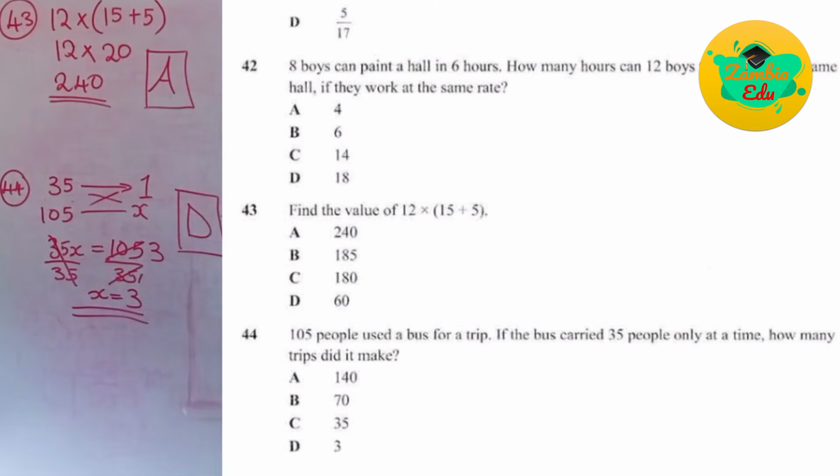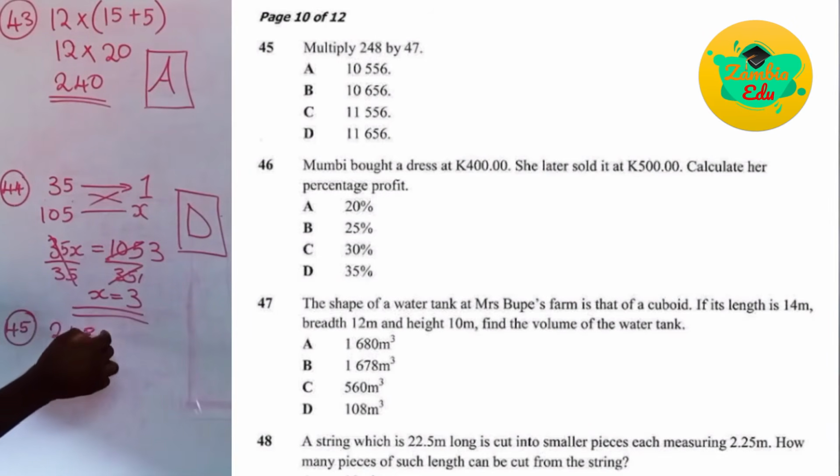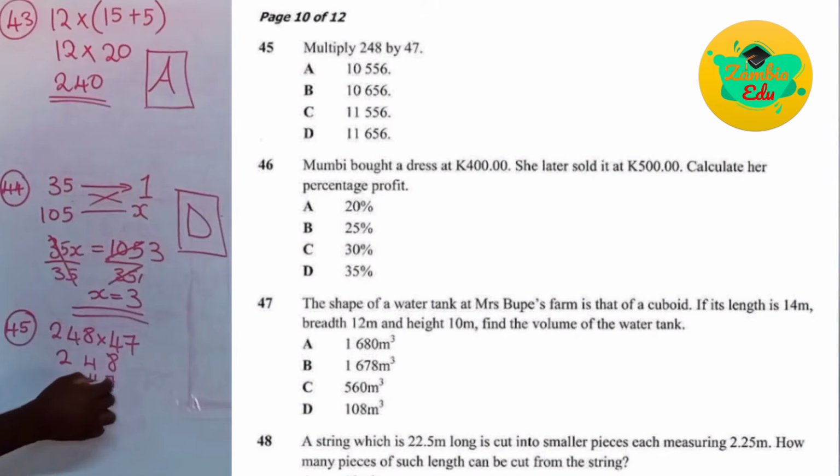Question number 45 says multiply. So we are multiplying 248 by 47. That one we simply do 248 by 47. 7 times 8 gives us 56.